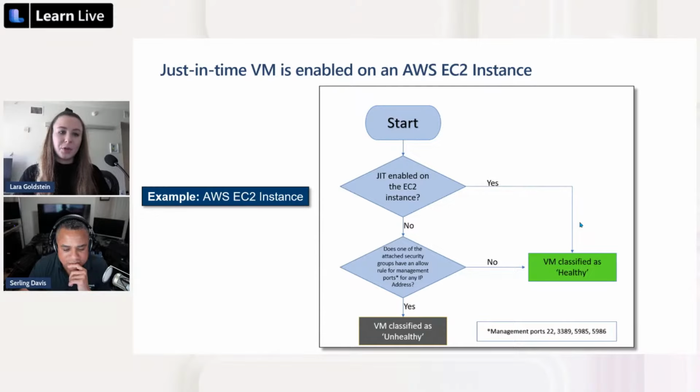And then in AWS, all of your virtual machines that don't have just-in-time access enabled and have security groups assigned to them that allow for management port connections from any IP address are going to be unhealthy in the recommendation to enable just-in-time access.